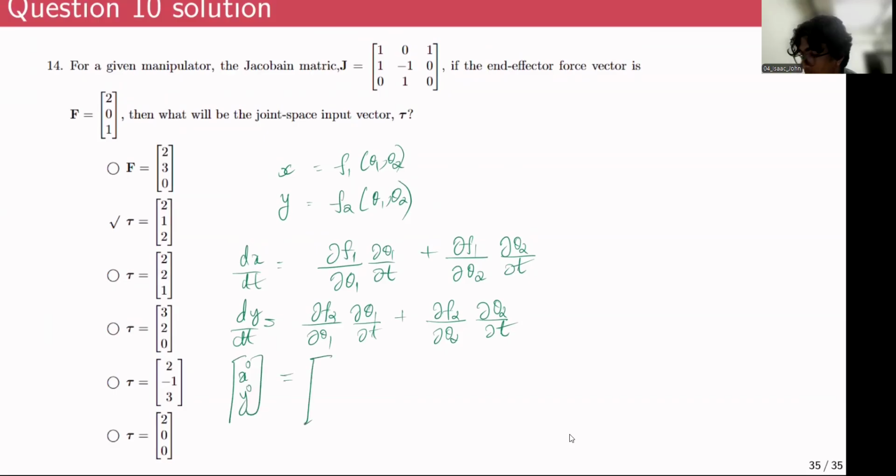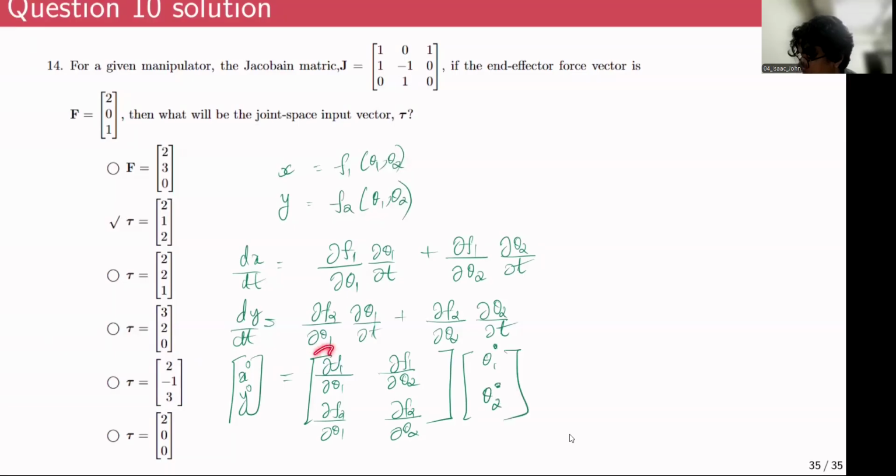And if you group the right hand side into a matrix vector format, you will end up with dou f1 by dou theta1, dou f1 by dou theta2, dou f2 by dou theta1, dou f2 by dou theta2, and this vector would be dou theta1 by dou t. Now that is nothing but theta1 dot, and this would be theta2 dot.